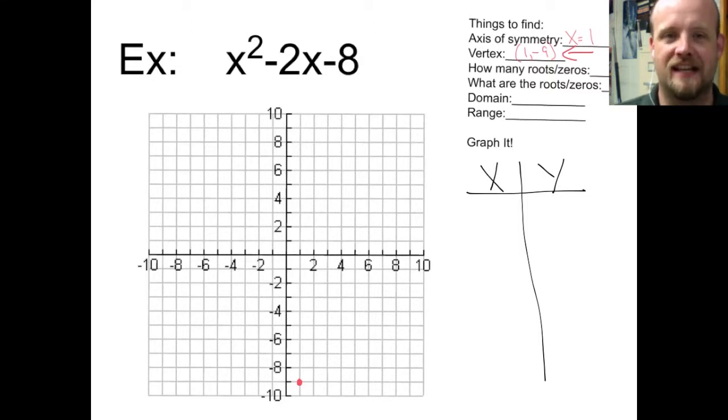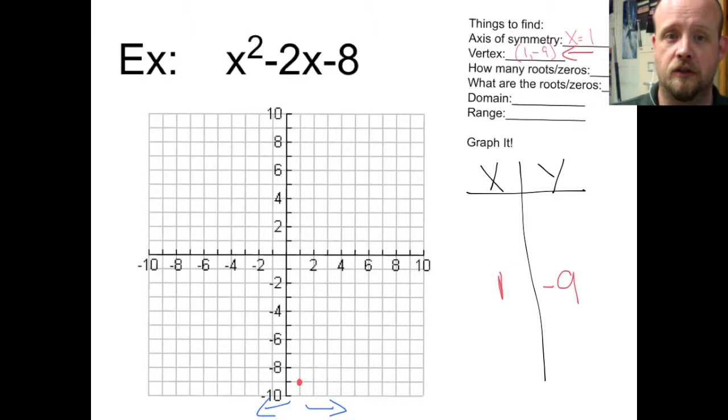Since that vertex is at the center of our graph, we can look at our t-chart and just say the value of x being 1 has to be in the center, giving us a y value of -9. Now we have to have values on both the left or negative side and the right or positive side of that vertex. So think about what values are smaller or bigger than 1.